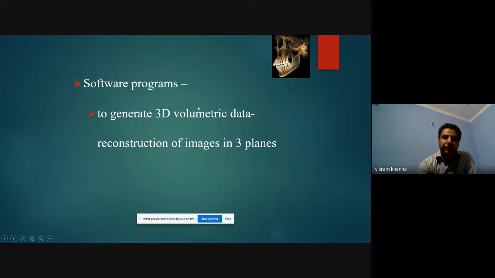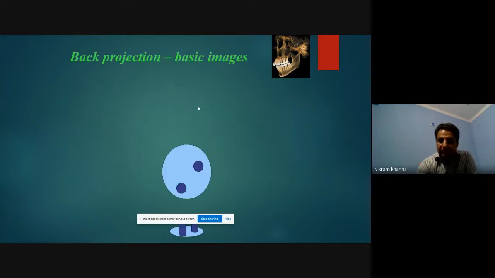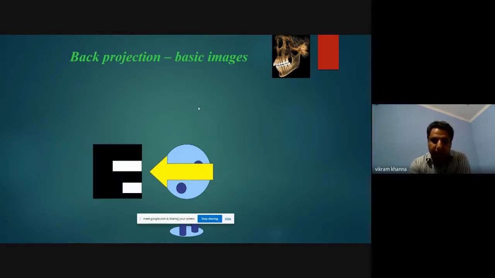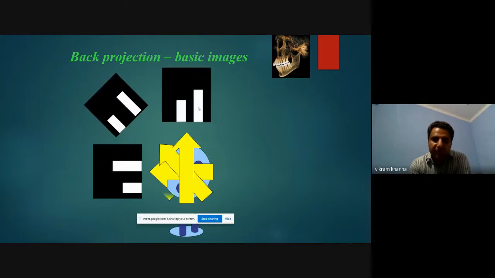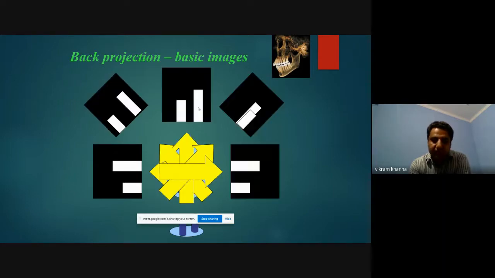Generally, software is used to get all the data, and you can convert it into all three planes. This is basically how it works. First you take one basic image, second, third, fourth, fifth basic image. All this is done on the machine.